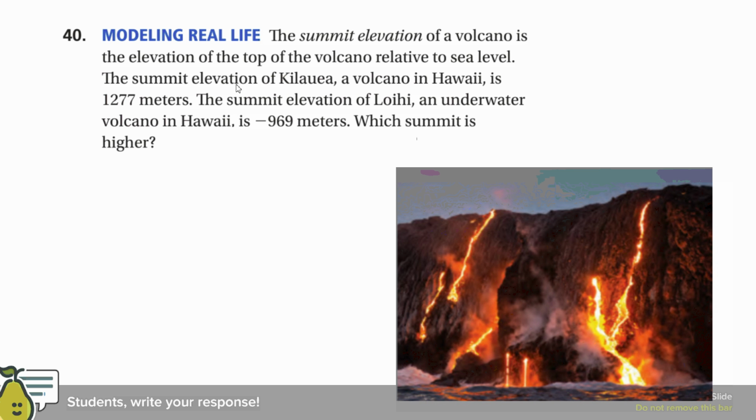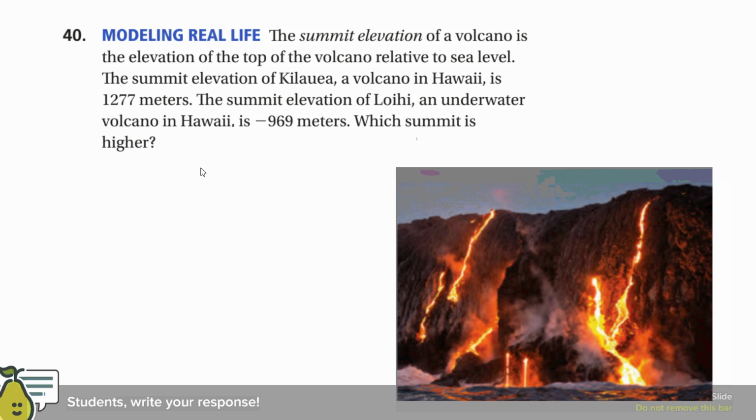The summit elevation of Kilauea, a volcano in Hawaii, is 1,277 meters. The summit elevation of Lohi, an underwater volcano, yes, underwater, you can have volcanoes that are submerged underneath, is negative 969 meters. So, which summit is higher?